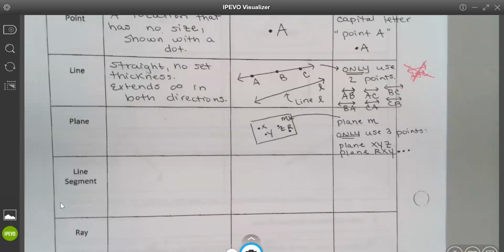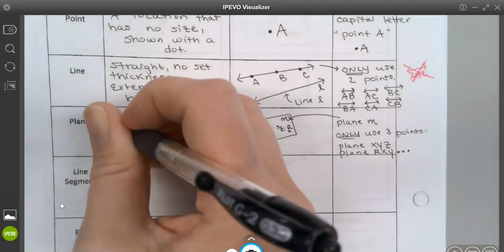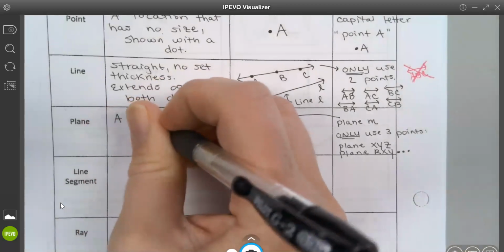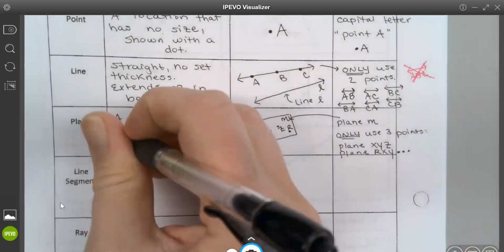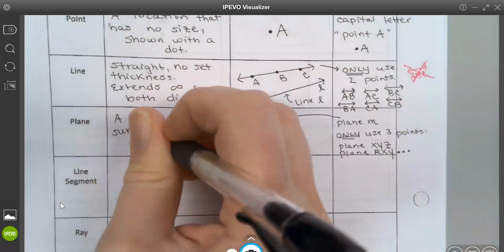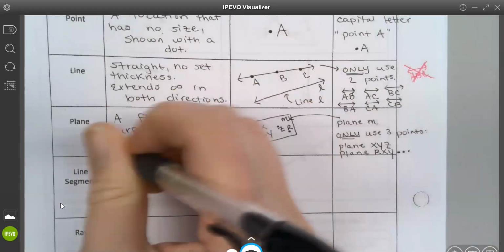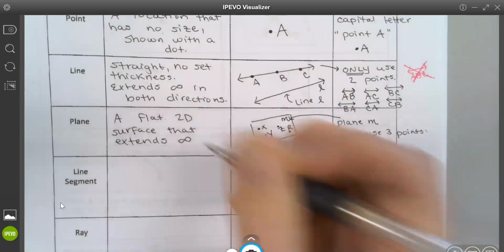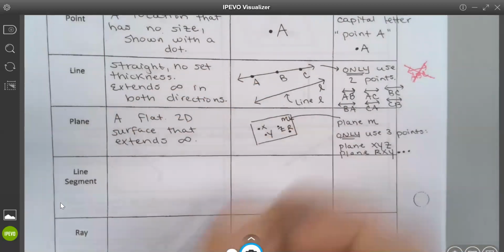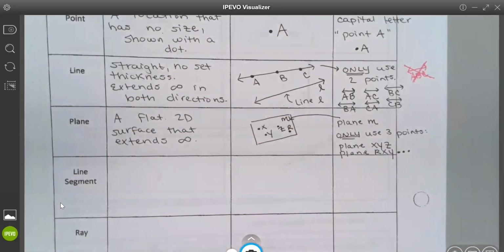A plane is a flat, so it's not 3-dimensional, it's 2-dimensional, surface that extends infinitely in all directions. The most relatable example you have is the coordinate plane.